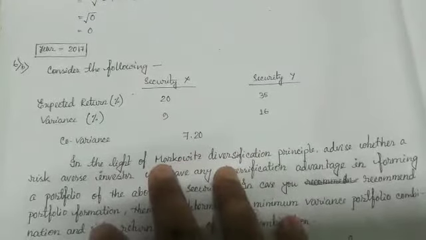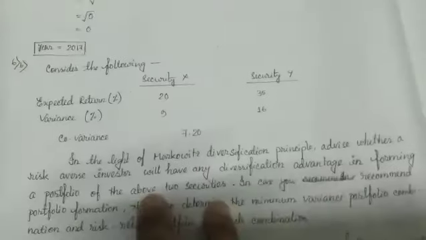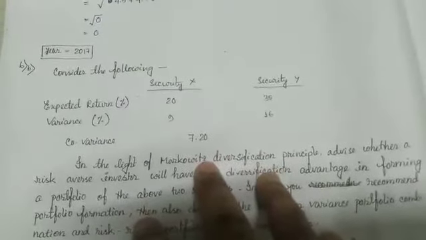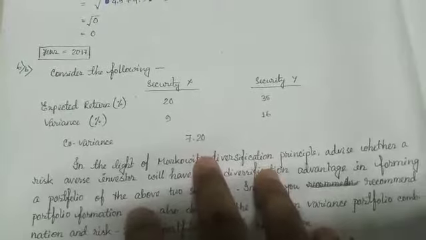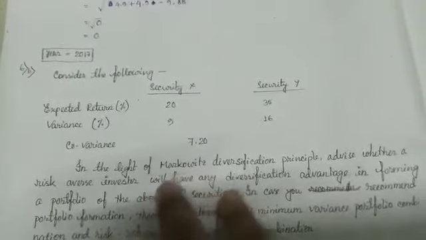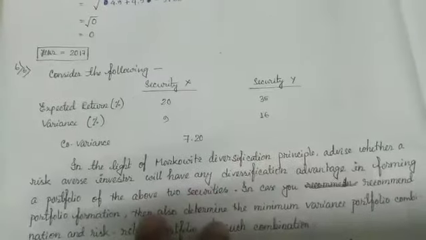If there is any diversification benefit, then we have to calculate the appropriate weight to be taken for security X and security Y, which will minimize the portfolio risk to the maximum extent.